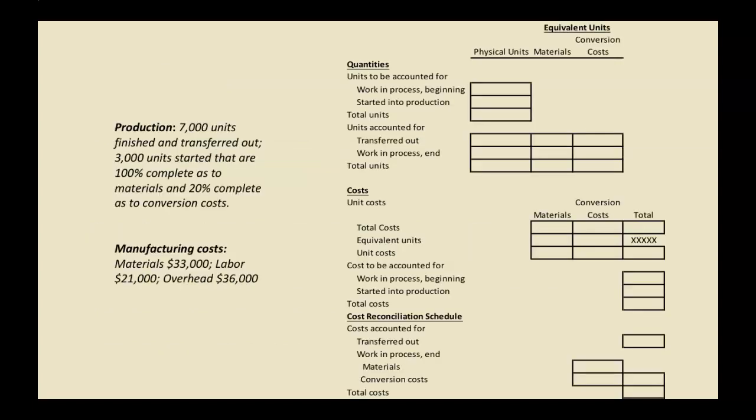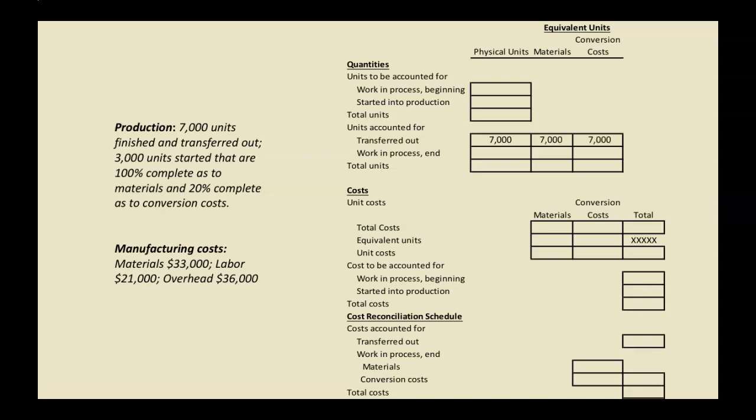So we have our data there over on the left and our blank production cost report here on the right. The first pieces that we're going to fill in here is under the physical units column for units transferred out, right? Because we're told that we have 7,000 units finished and transferred out. So we can toss that 7,000 in there.